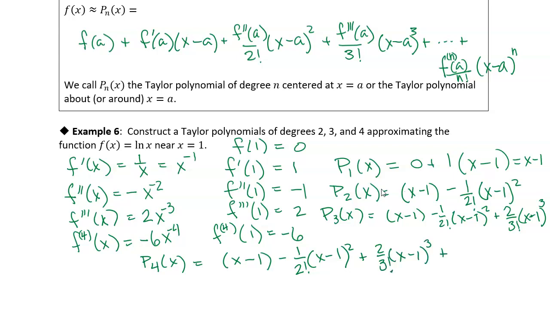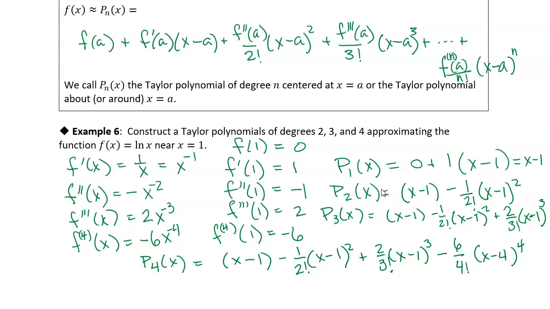And now we got to add our fourth order term. Instead of writing plus, because that next coefficient is negative, it's a -6. So I'm just going to write minus 6 over 4 factorial x minus 1 to the 4th power. All right, so there's our 4th degree Taylor polynomial.